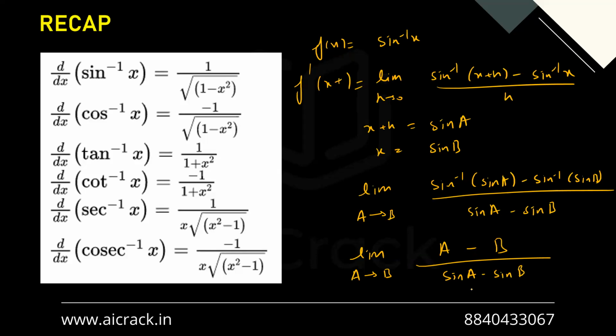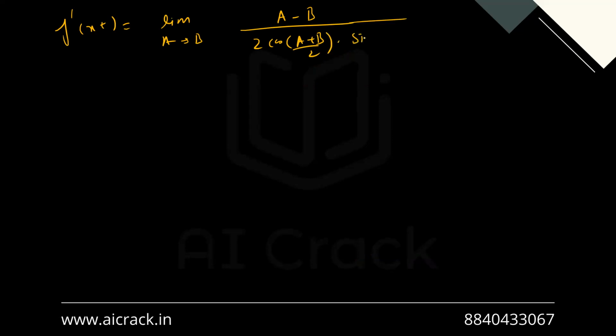Now, this is nothing but the sine C minus sine D formula, right? So f dash x plus equals limit A approaches B of (A minus B) divided by, using the sine C minus sine D formula, 2 cos((A plus B) by 2) times sine((A minus B) by 2), right?